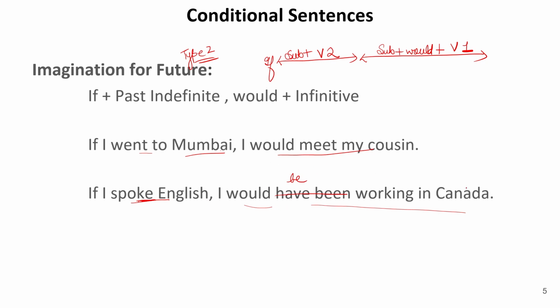So it should be would be working in Canada. Now, have been will be removed from here. So the correct sentence will be: if I spoke English, I would be working in Canada. This shows that today I would be working in Canada if I had learnt how to speak in English.